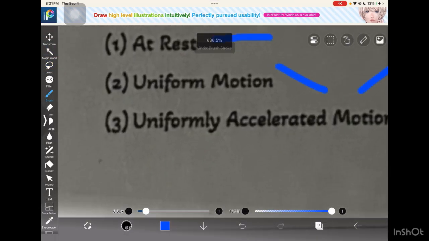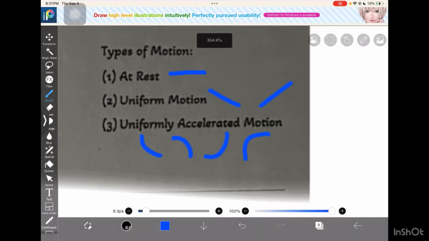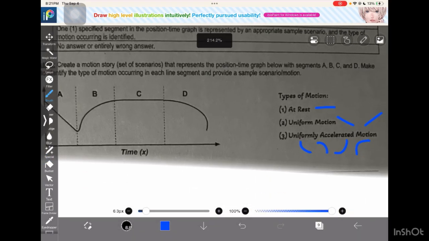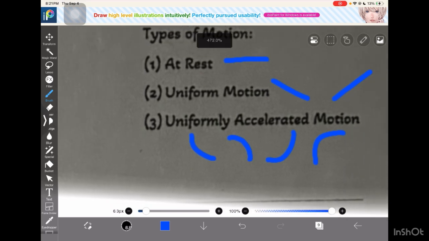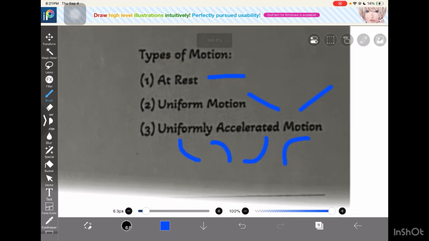And then uniformly accelerated motion is like this, like this, and like this. This assumes a displacement-time graph, or a velocity-time graph as well. But yes, basically at rest is a straight line, a uniform motion is a slanted line, and a UAM is a curved line.